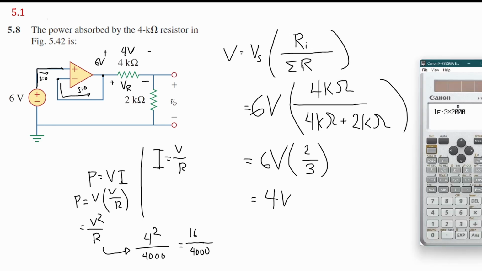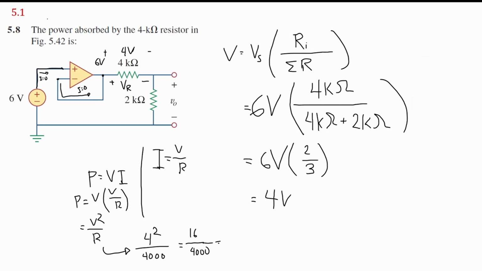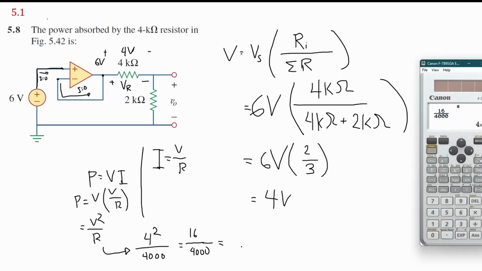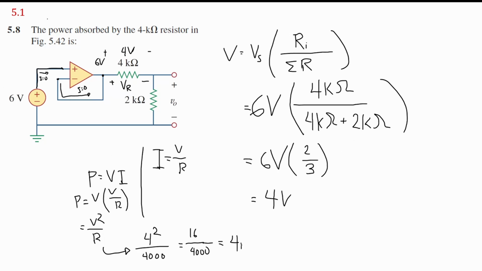So, let's get our calculator. 16 divided by 4,000. So, we have a 4. The power is equal to 4 milliwatts. Yan. So, we have solved this problem.